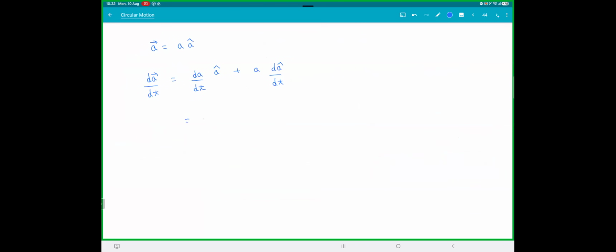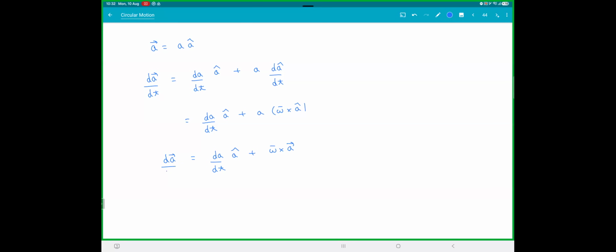We get this. So this can be written as dA by dt a cap plus a into omega cross a cap. I can send that a inside, then this will become dA by dt a cap plus omega cross a bar. So there, this is a much better one.